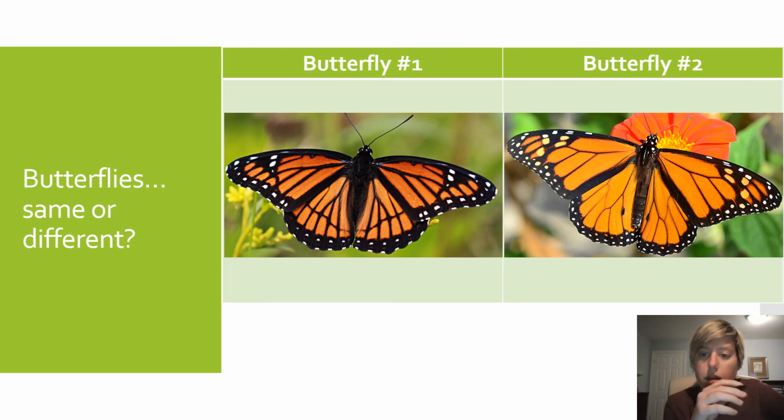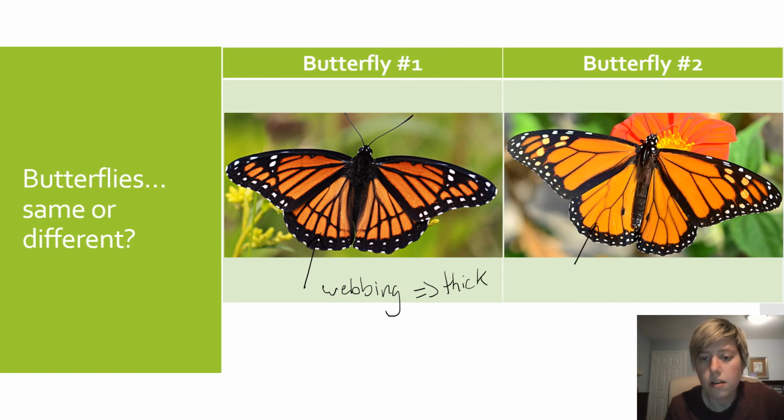Now, if we're looking at this image right here, I actually see two butterflies, and at first glance, they look extremely similar. They actually look like they're the exact same insect. But if I take a closer look, right here, the webbing, so my lines in my webbing are actually thick.